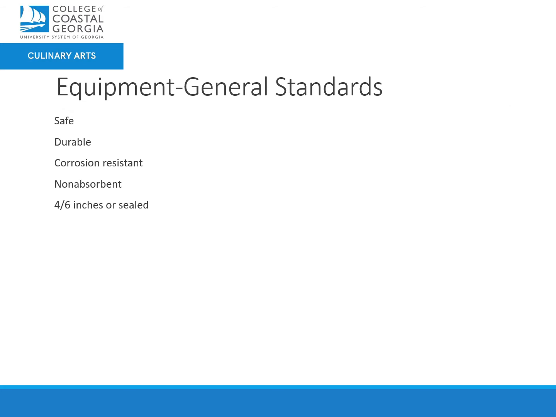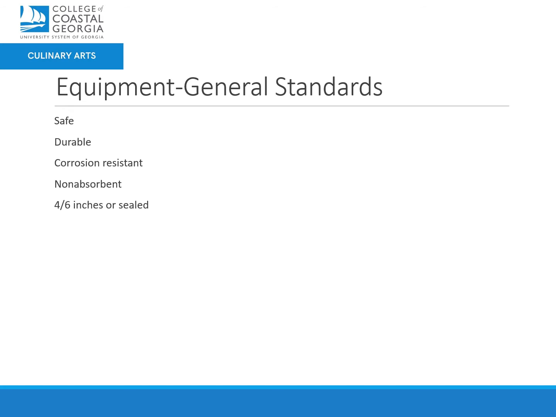So the general guidelines for equipment: it needs to be safe to operate, both sanitary and safe, so that no one would be harmed by the operation of the equipment. It's designed to be durable, as I just previously mentioned. It's designed to be corrosion resistant, so it's made out of something like stainless steel or some other metal that will not react.